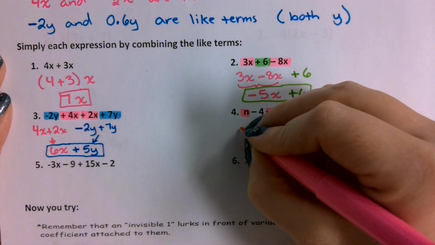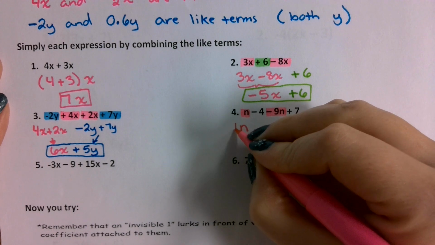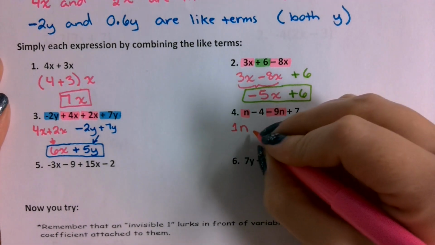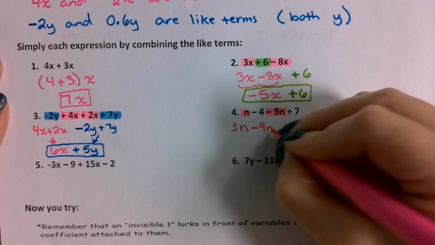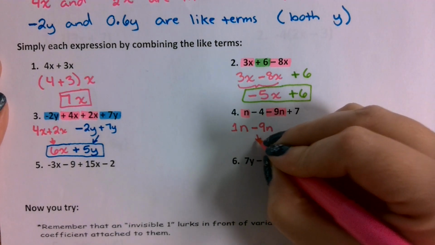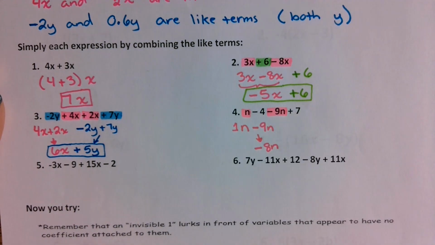Now, I'm not just going to put an n because I want to make sure I understand again that there is what in front of it, Fatima? A 1. There's that invisible 1 that's right in front of that 1n. And then I have that minus 9n. So I'm doing 1n minus 9n. That's going to come out to a negative 8n.